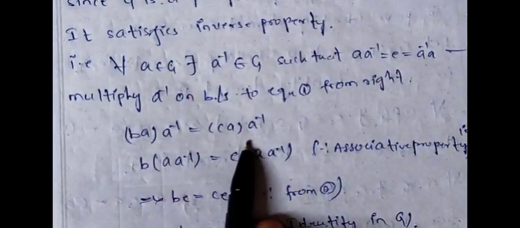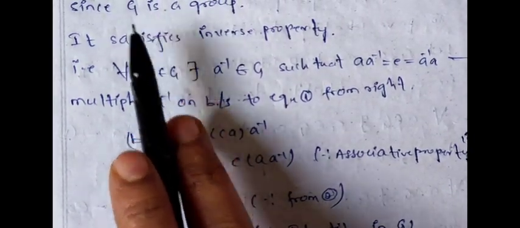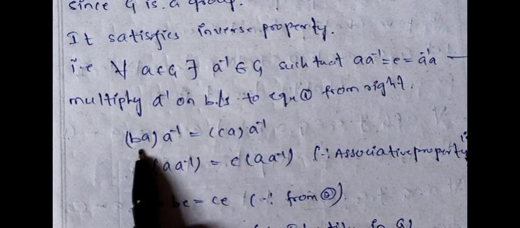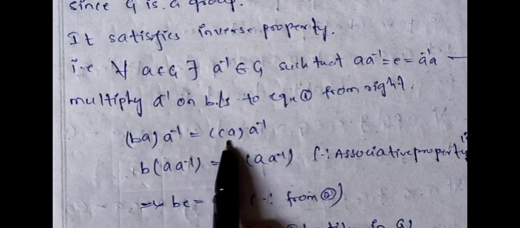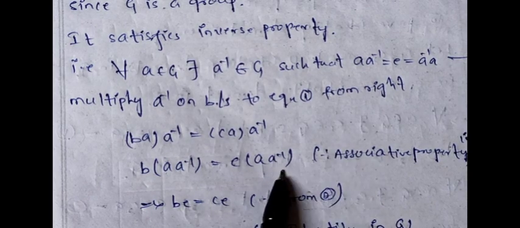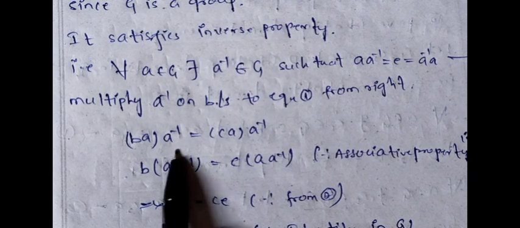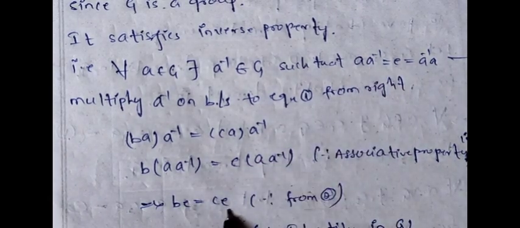Now G is a group, which means it also satisfies the associative property. So by the associative property, we can write B into A into A inverse, and similarly on the other side. Again, since G is a group, A into A inverse equals E, so we substitute it.